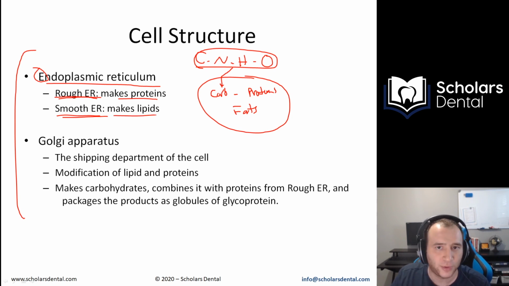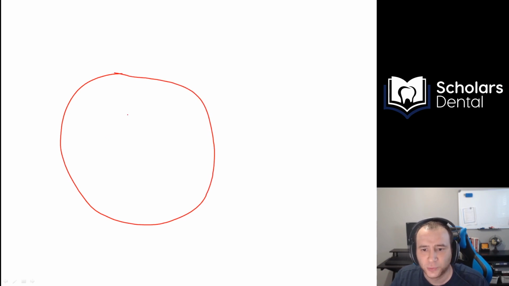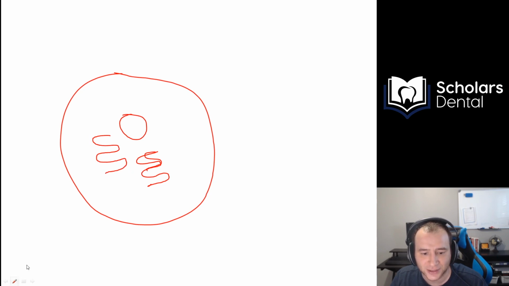A way to remember this: the smooth ER usually looks like a wavy thing, and the rough ER is similar, but it's dotted. So you'll see that it has things in it. That's why this is called rough ER, and the other one is called smooth ER.